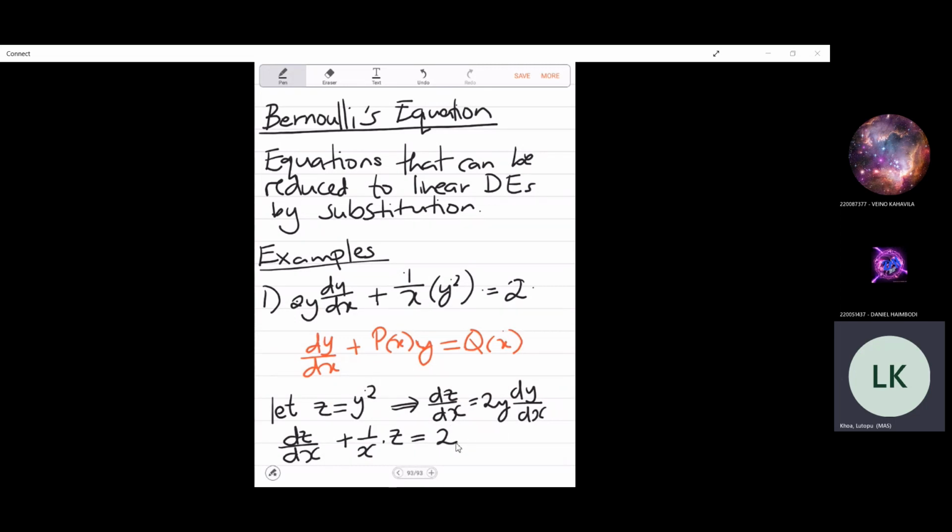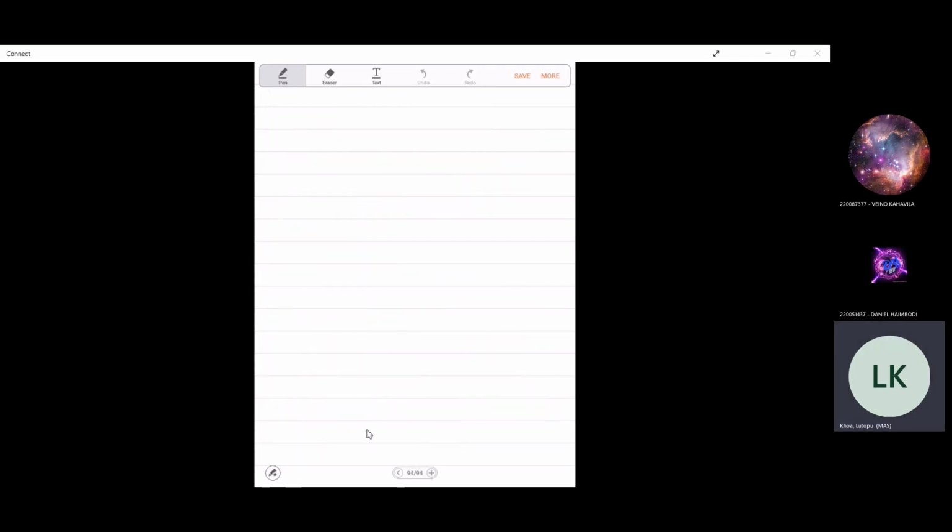And then we would solve this by finding the integrating factor, which is e to the power of the integral of this function here. So our integrating factor is e to the power of the integral of 1 over x dx, and this is e to the power of ln of x, which is x.